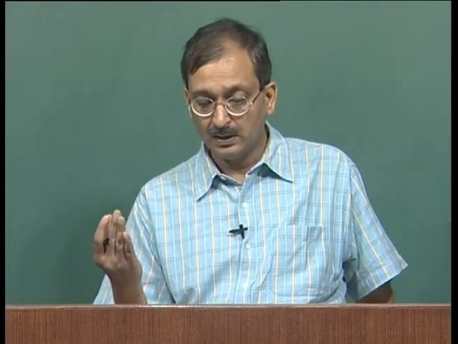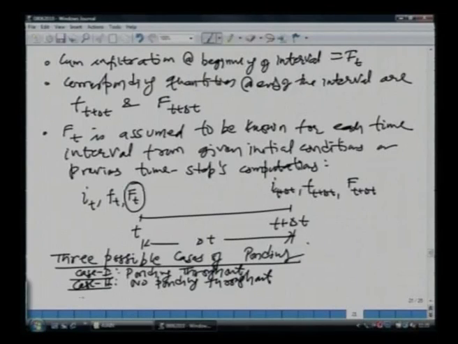The other case can be that there is no ponding, and there could be a third case in which there will be ponding part way or somewhere in the particular interval.